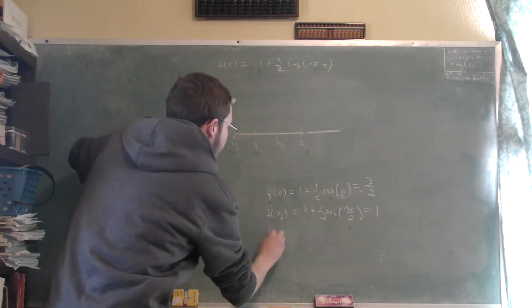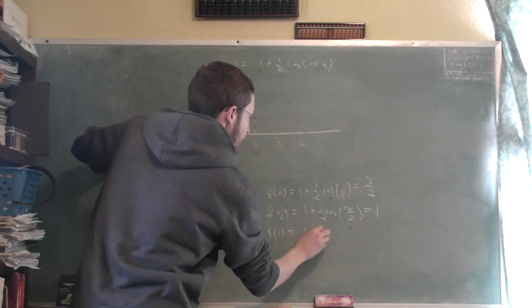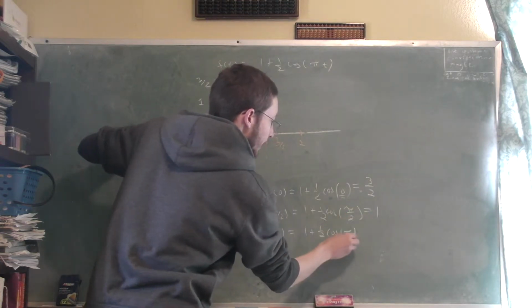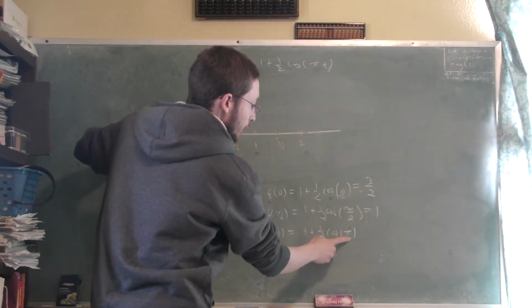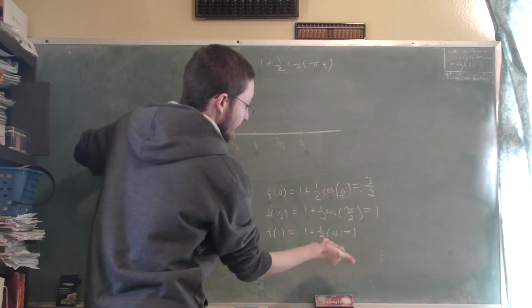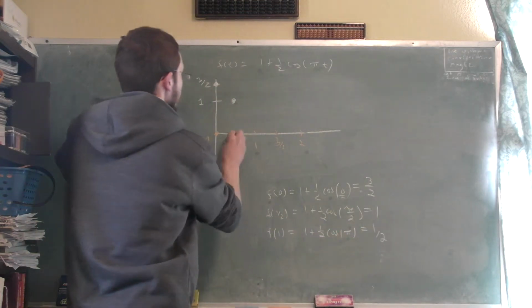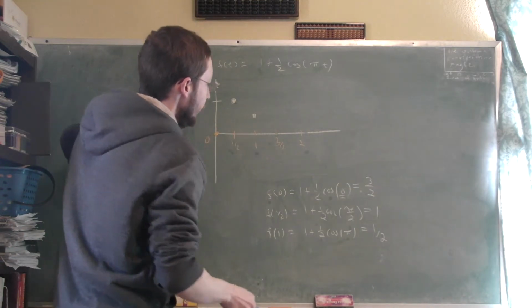Now f of the next key point here, 1, cosine of pi. That's that next key point we said was going to appear. Cosine of pi is -1. 1/2 times -1 is -1/2, and 1 plus -1/2 then is 1/2. Plug in 3 halves.